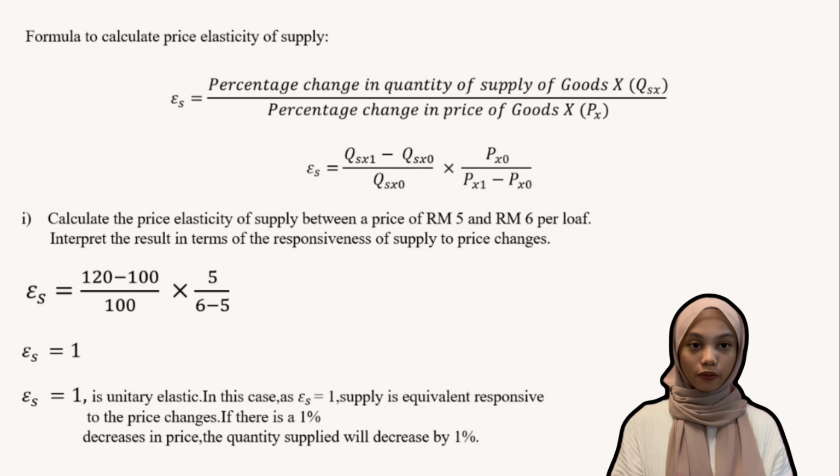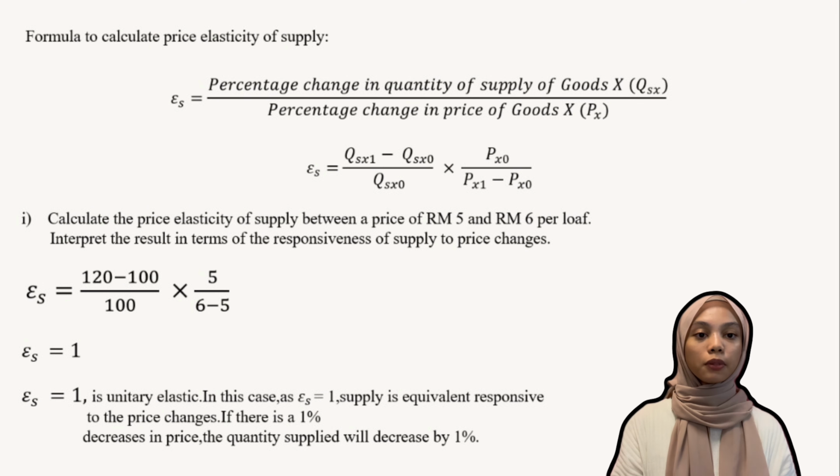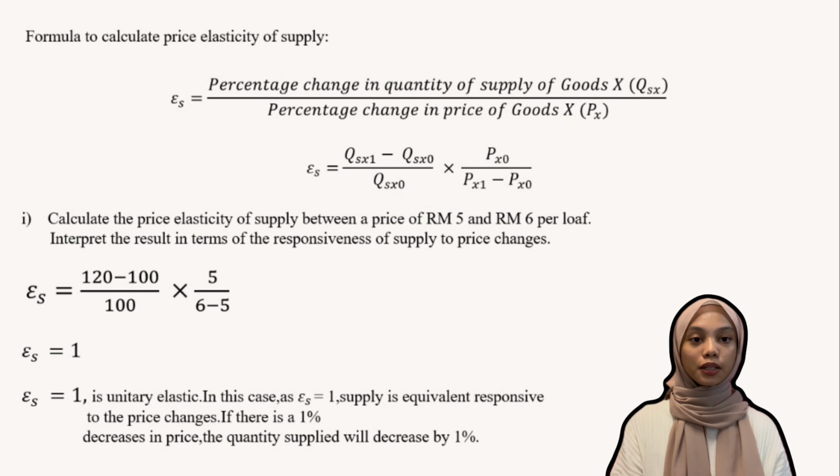Based on the data given, we substitute into the formula. So it will be 120 minus 100 divided by 100, multiplied by 5 divided by 6 minus 5, and the answer is equal to 1. So we got that the elasticity of supply is 1.